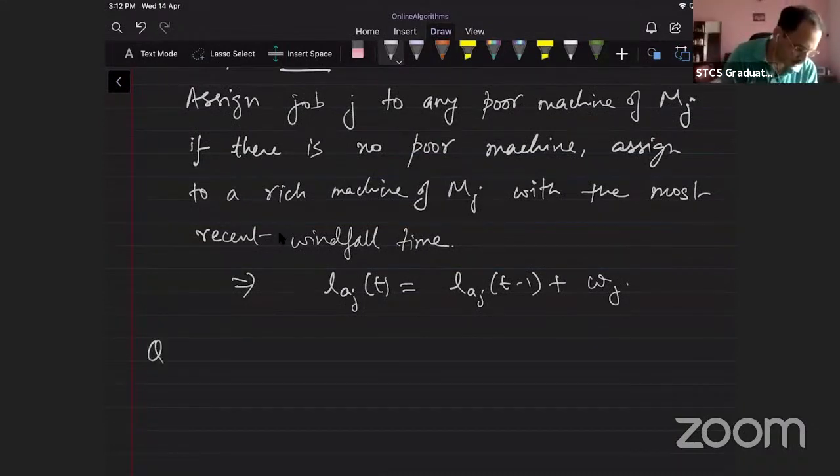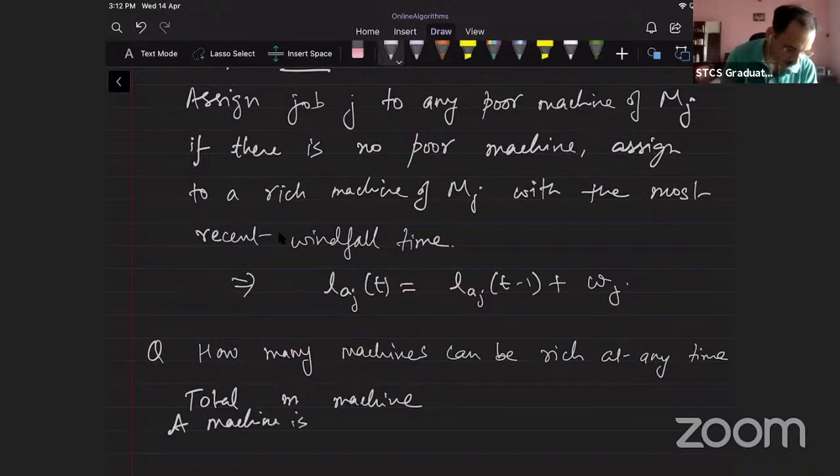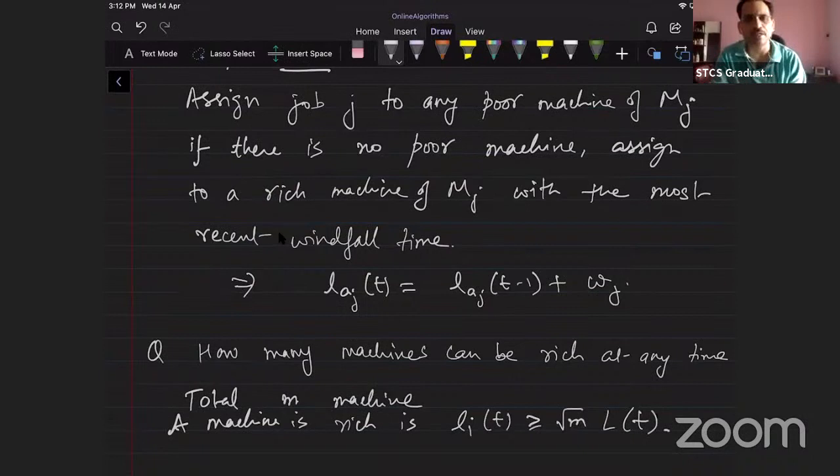So, a simple question: how many machines can be rich at any time? See, total M machines. A machine is rich if Li of t is greater than square root M times L of t. Can somebody say how many machines can be rich at any point of time?